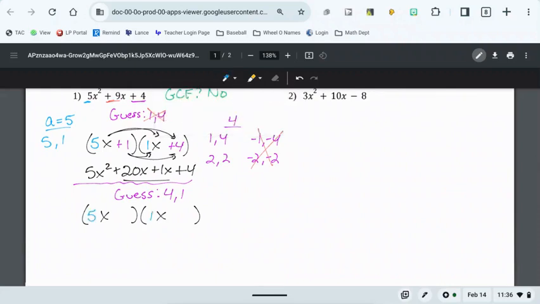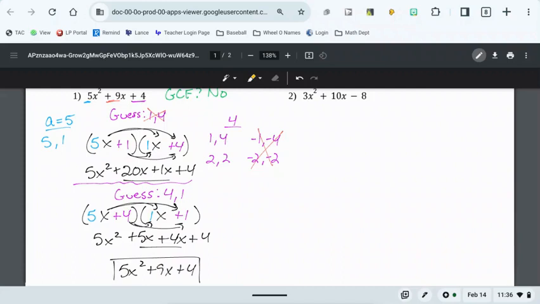So we have 5 and 1. And again, we are trying the flipped version. Positive 4, positive 1. So we double distribute. 5x times x, 5x squared. Plus 5x. 4 times 1x is 4x. And 4 times 1 is 4. Combine like terms. 5x squared plus 9x plus 4.